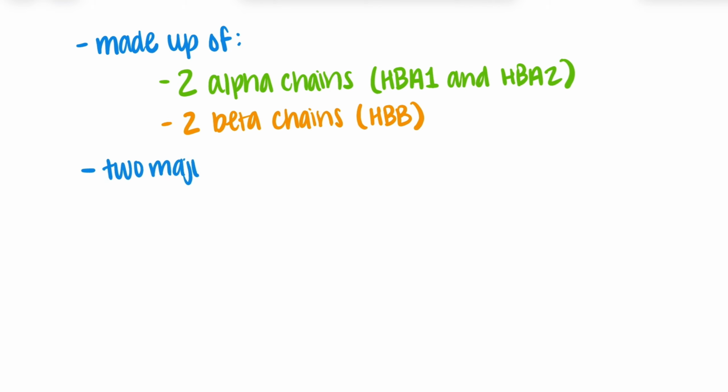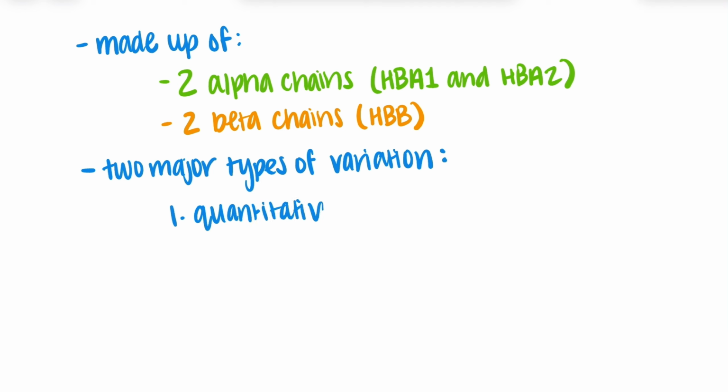Thirdly, there are 2 major types of genetic variation that can occur: quantitative and qualitative. Quantitative hemoglobinopathies occur when less alpha or beta chain is produced.